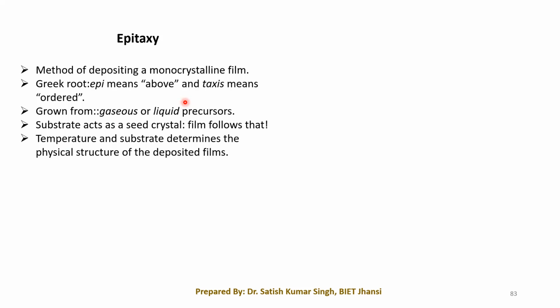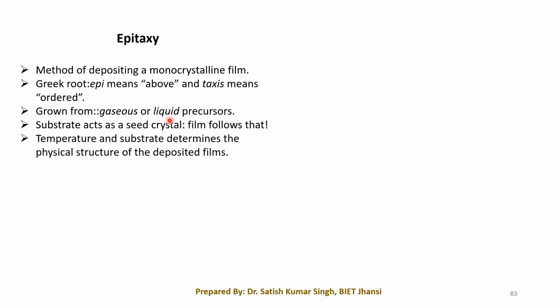Fine. So to grow this type of epitaxial layer, we can have our sources in gaseous form, or in liquid form. It can also be in the form of a solid, and later on it has to be converted into a beam. In molecular beam epitaxy, we take the solid sources, and these solid sources are heated by energetic particles, and then a beam comes out.